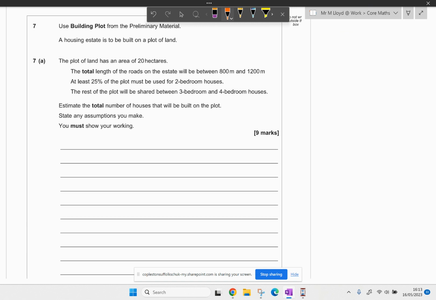So we've got the plot of land has an area of 20 hectares. So 20 hectares will equal 200,000 meters squared. Now, the total length of the roads on the estate will be between 80 meters and 1,200 meters.